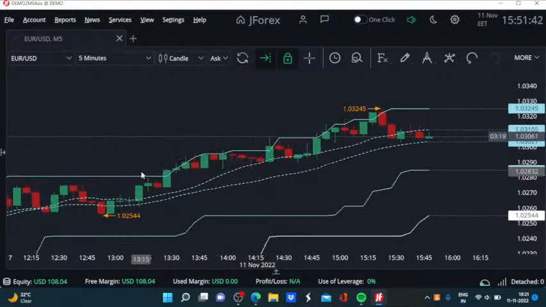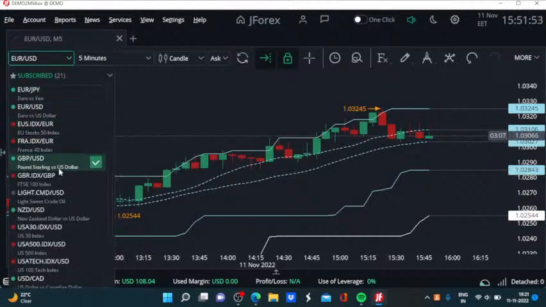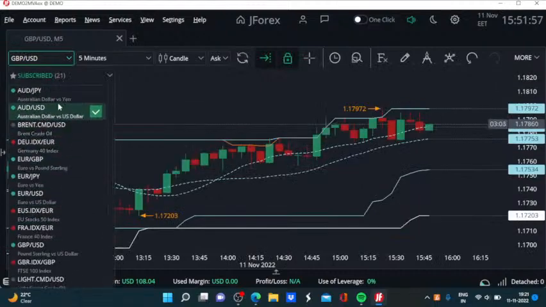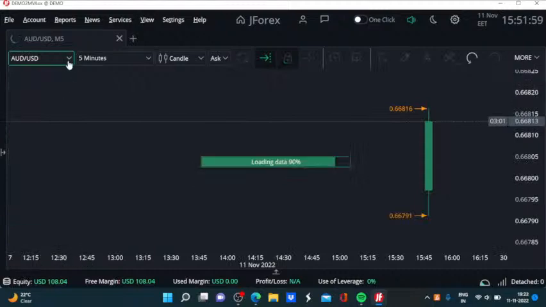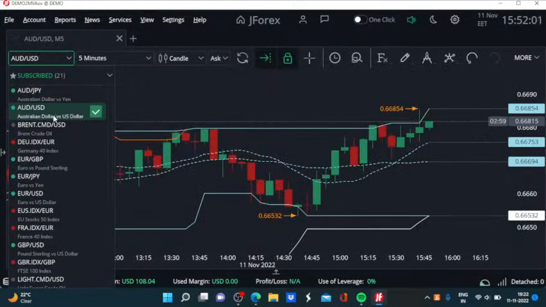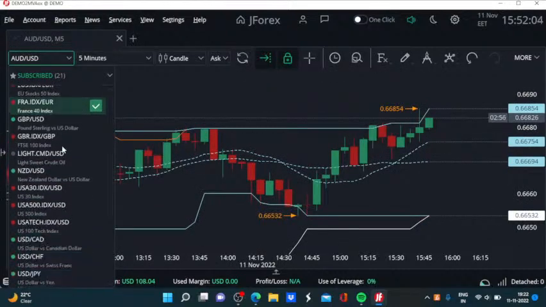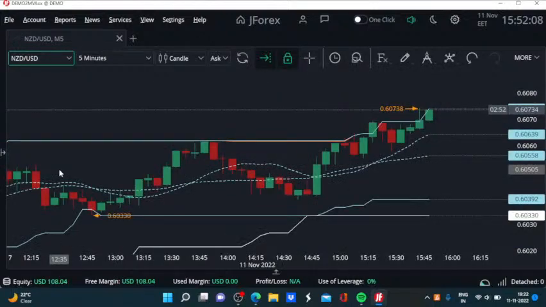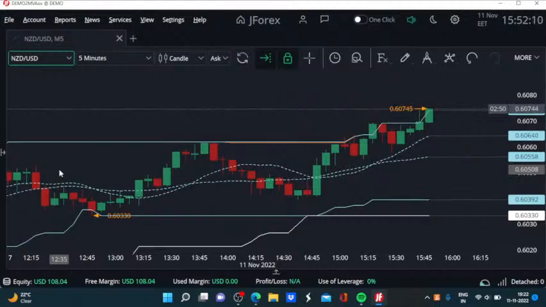Now, all we have to do is figure out which is the best suited instrument to trade against this weakness which we are seeing in the dollar. So we will be comparing the various currency crosses like GBP USD, Euro USD, AUD USD, NZD USD, USD CHF, USD JPY, USD CAD, etc. to figure out the instrument which has the highest strength, which is the strongest in terms of the trend, and which is the weakest in terms of the trend.